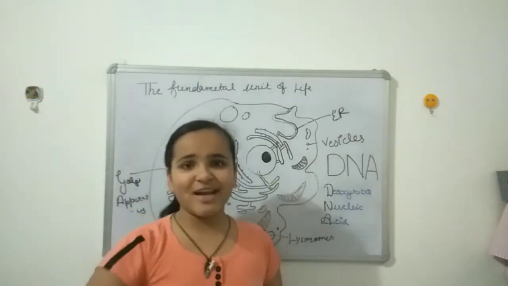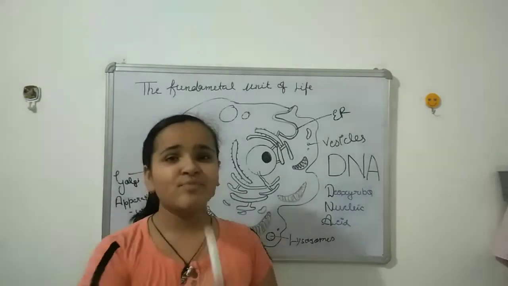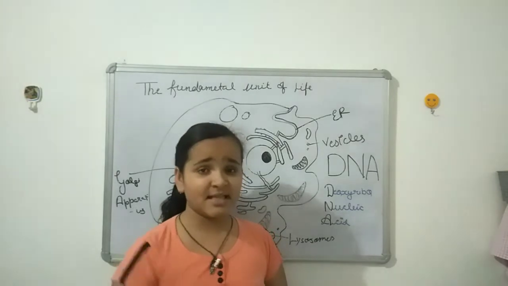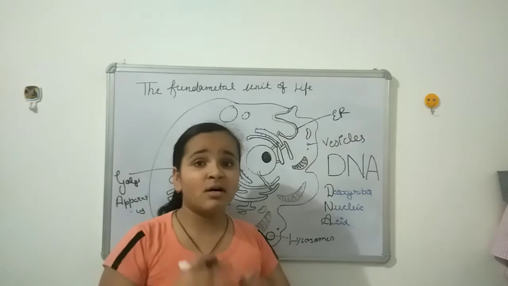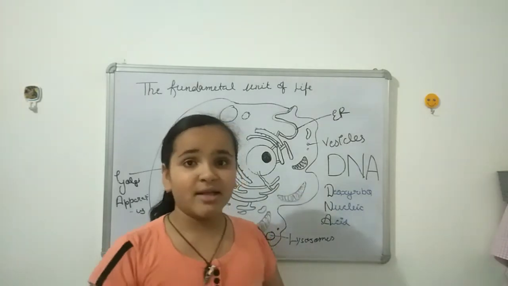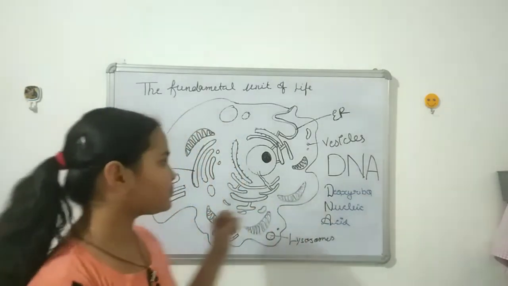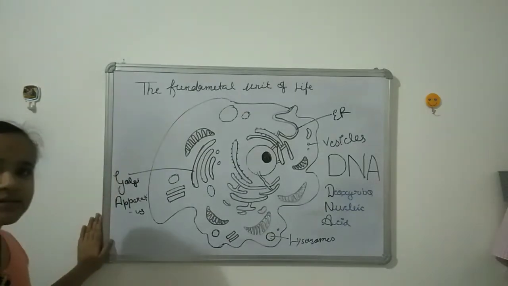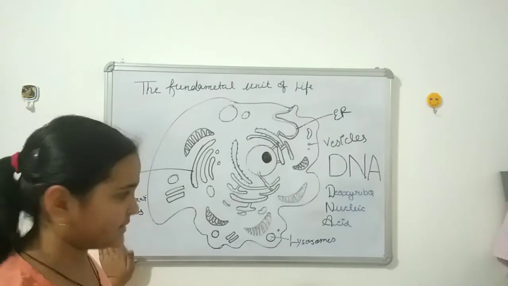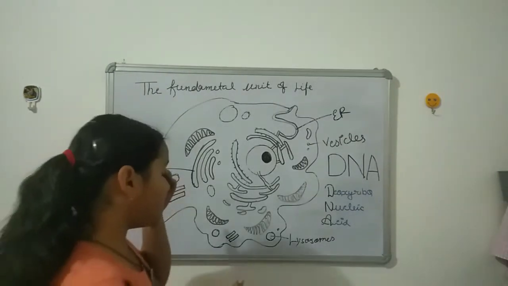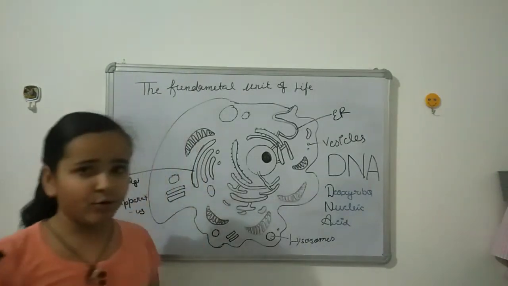In part 1 I told you that in 1 minute 300 million cells die in an adult human being. So you can imagine the importance of lysosomes. They digest all the enzymes of the dead cells. So lysosomes, I hope it is clear to you.